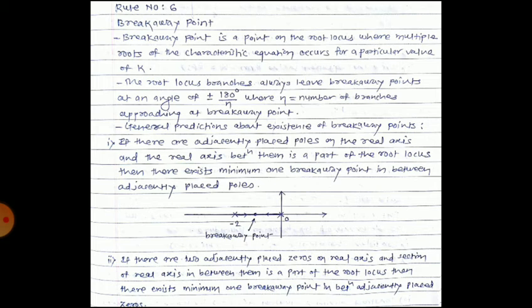So there are two poles that are adjacently placed, and that part of the real axis is a root locus. Then one breakaway point will exist.